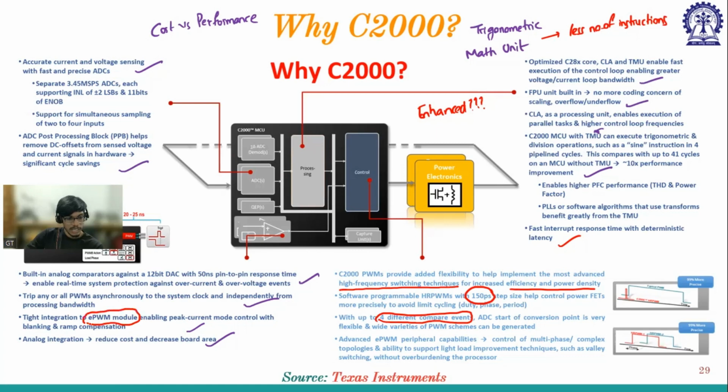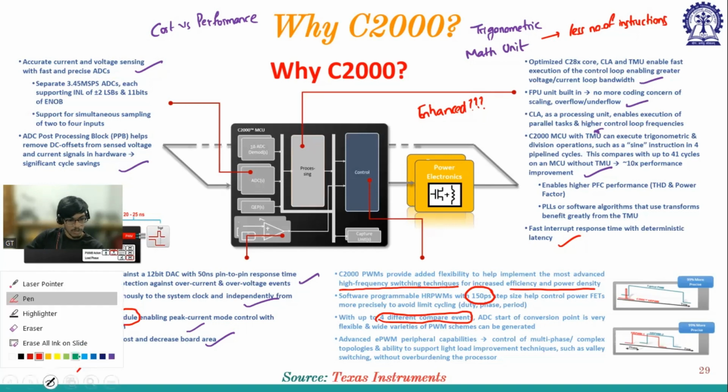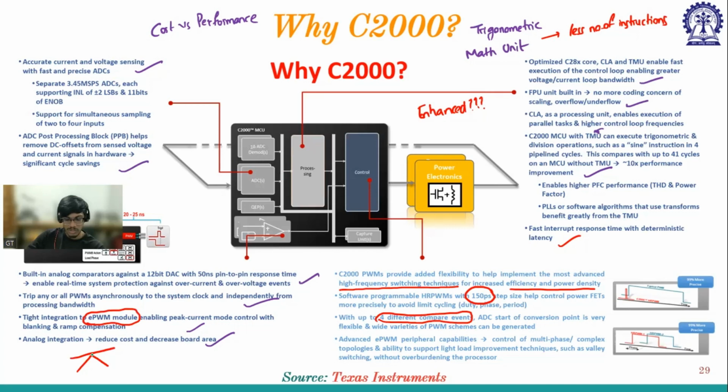They are saying tight integration to the EPWM block enabling peak current mode control. Possibly, because we need very high resolution, I'm thinking EPWM could be a very high resolution PWM. So the error margin could be minimized when you use that particular enhanced PWM, which is optimized for one particular application, peak current.